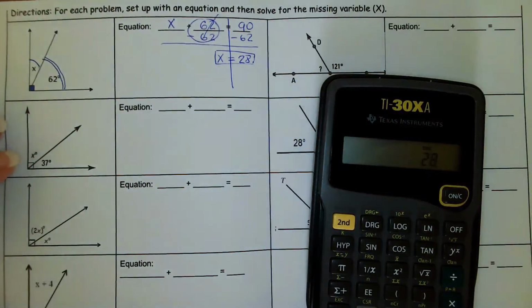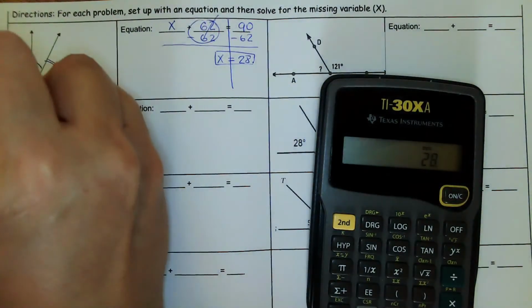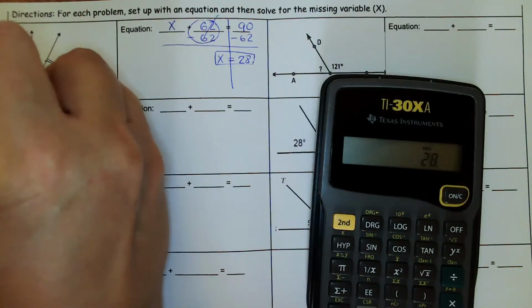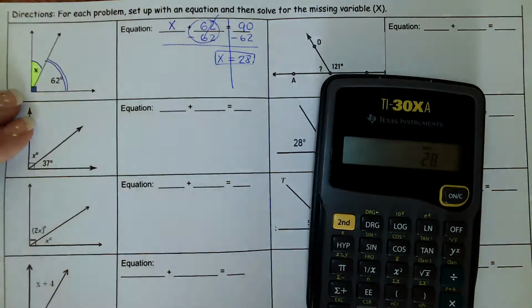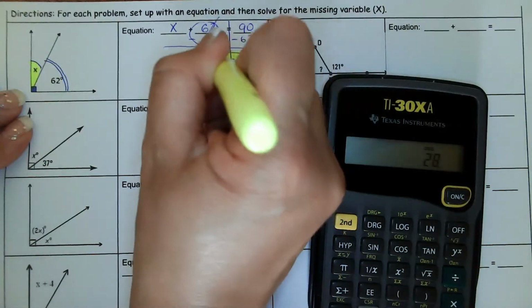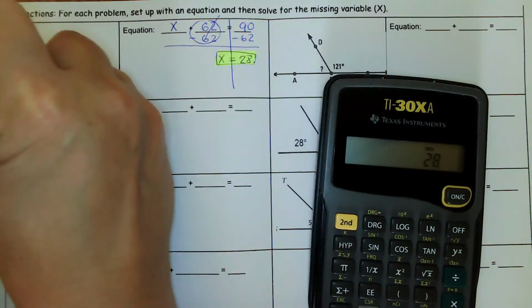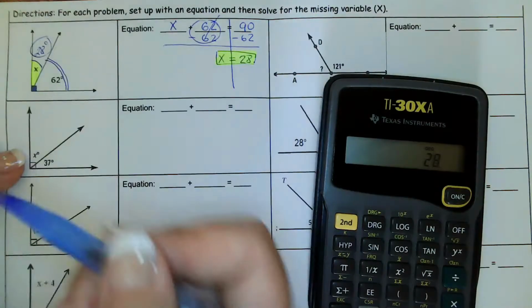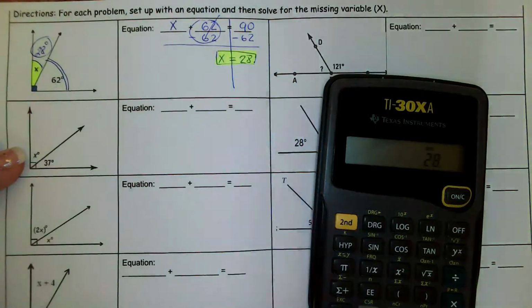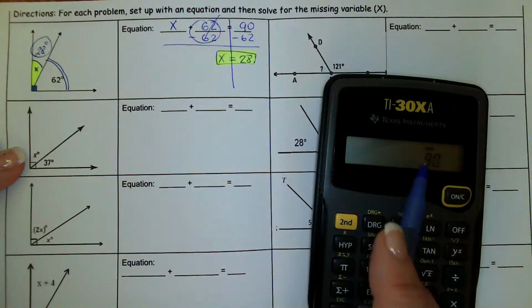In this situation, the x itself is 28. So if I substitute 28 right here and add 28 plus 62, that's 90.